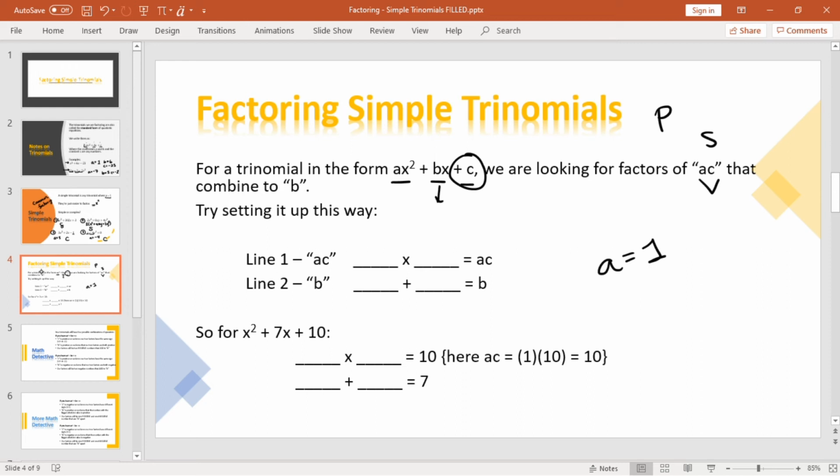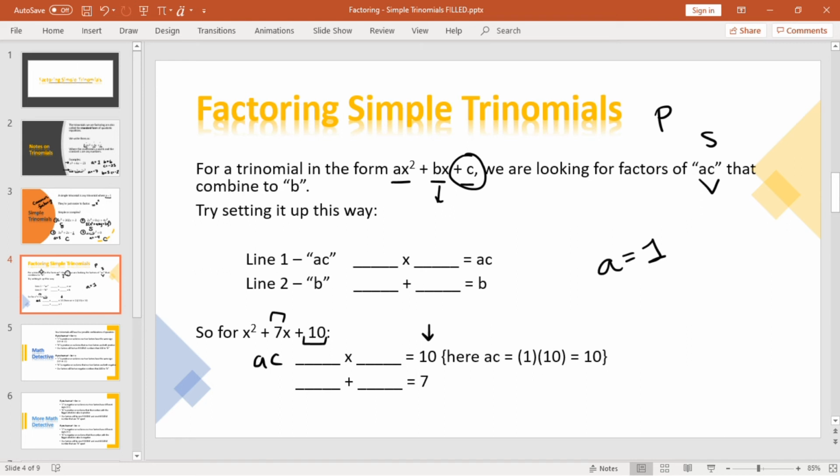So if I look at one with real numbers, your ac line is always a product. It's always a multiplication. And you're going to take a times c, so 1 times 10 goes there. And for your b line, it's always an addition line, and it always looks for that b value.